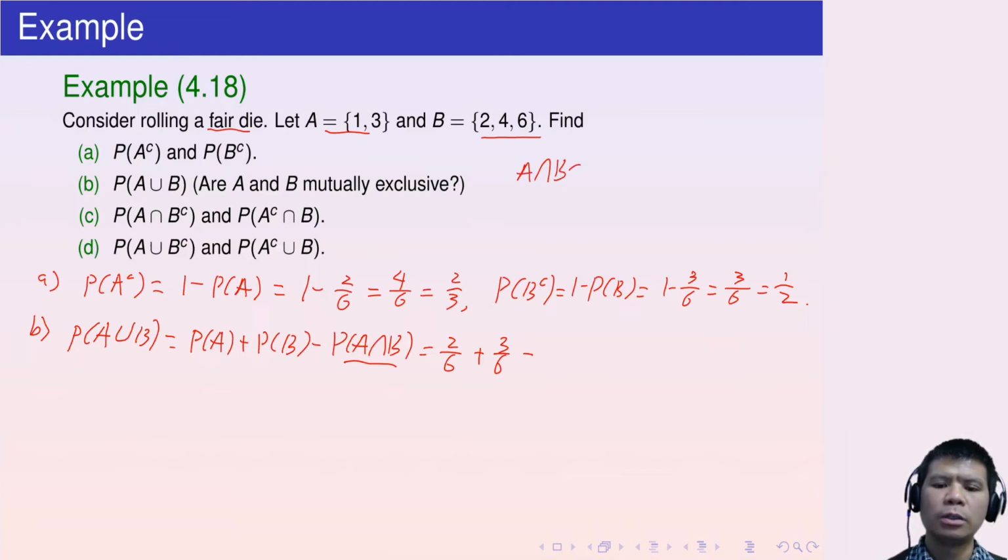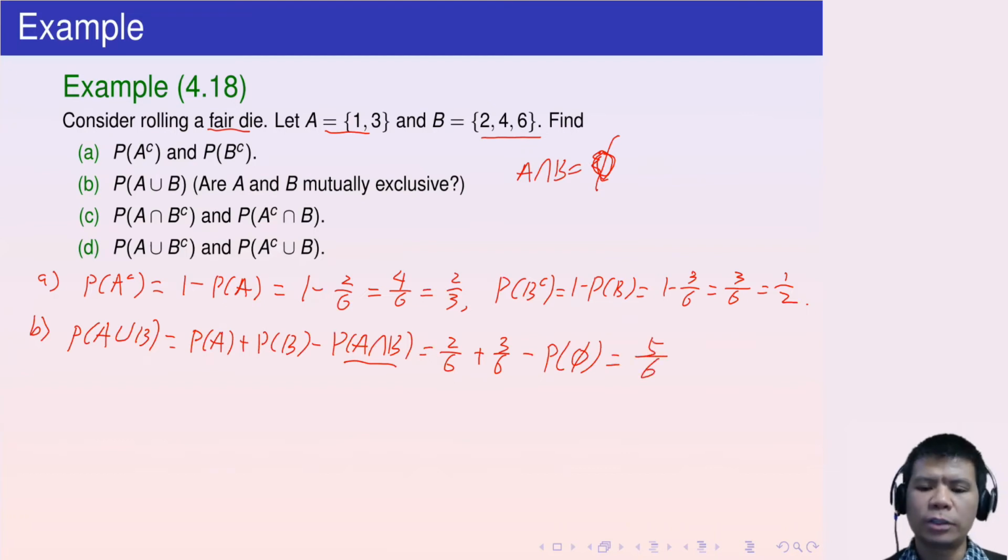As we know, A is 1, 3 and B is 2, 4, 6, so the intersection is empty. It's a null event. They have nothing in common. Therefore, minus the probability of the null event, so it's simply 5 over 6, because this one is 0.